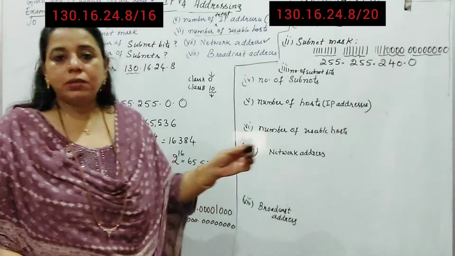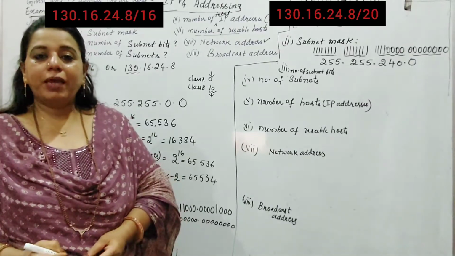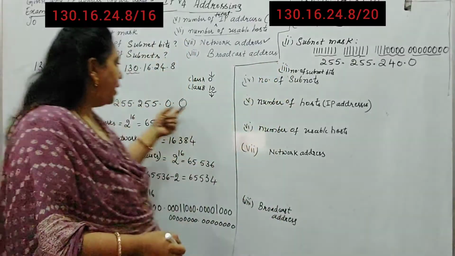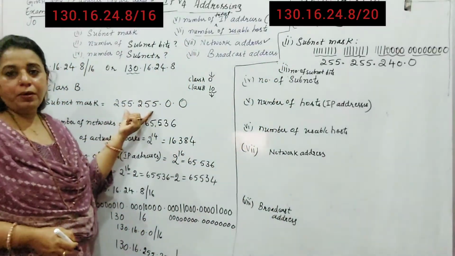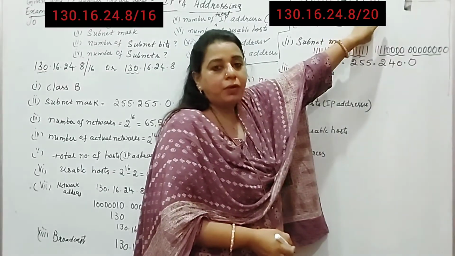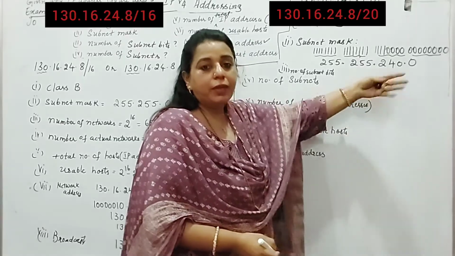Fine. So this is where normally, as I said in my previous example also, students make a mistake. As soon as they see that this is a class B address, they try to write this as the subnet mask value. But don't make that mistake, because you have to check the prefix value also every time, then write the equivalent decimal value to get the new subnet mask.